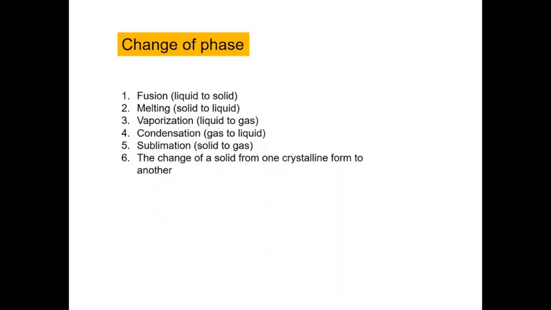And sublimation is solid to gas. An example of sublimation is when the solid itself is vaporized. Solid itself can be vaporized. For example, the smell of bodies is also vapor of this body.